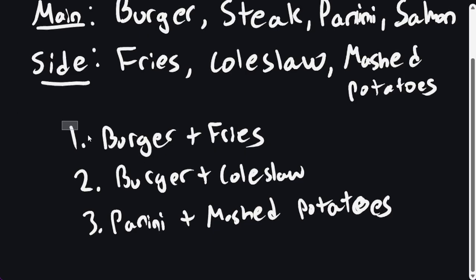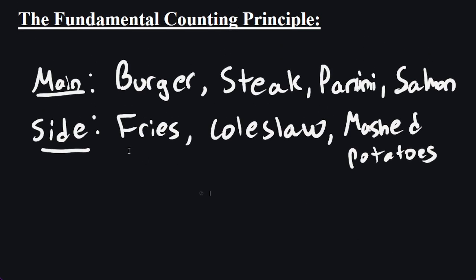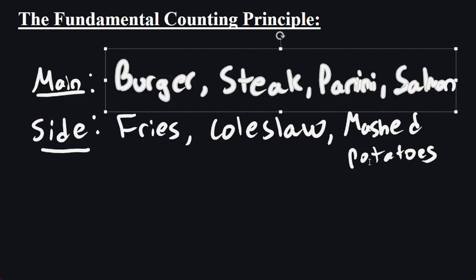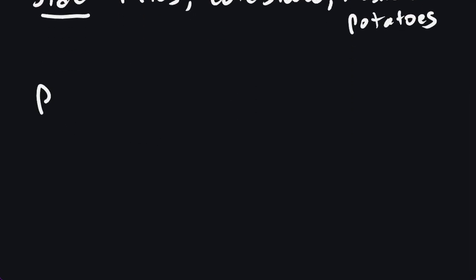So let's actually just erase this and go about it a different way, instead of going through every single main course and side. Let's list the main courses, the burger, steak, panini, and salmon, like this.